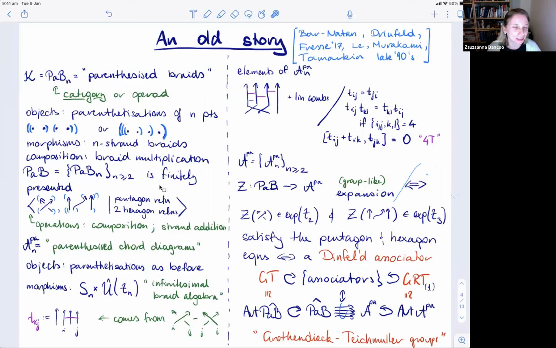If you want me to write them down explicitly, I can, but it will take us a bit on a technical sidetrack. But maybe at the end, it would be a good idea.